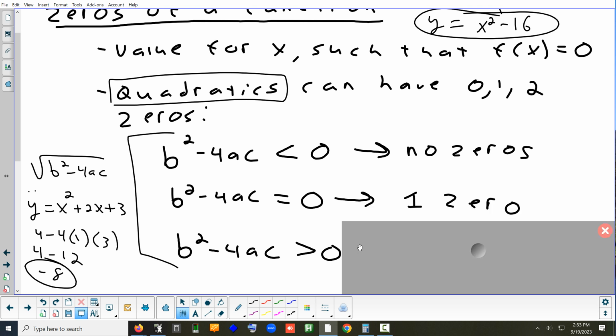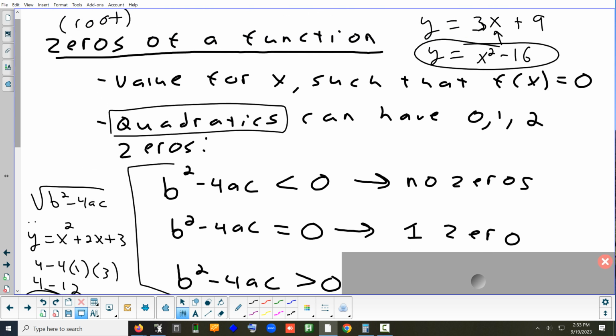Now, if b squared minus 4ac comes out to exactly 0, then that means your graph comes down, touches the axis, goes back up, which means that you would be able to find one root to your problem. You'd be able to find one.